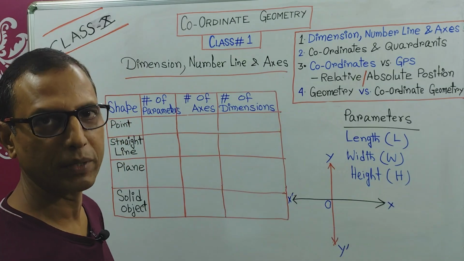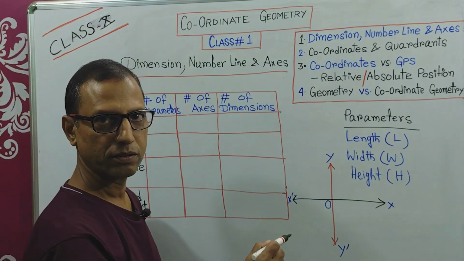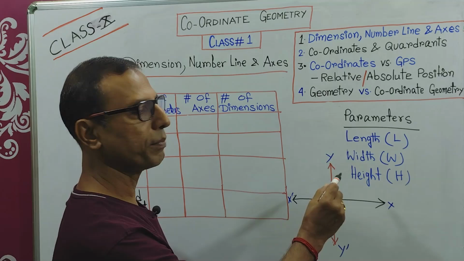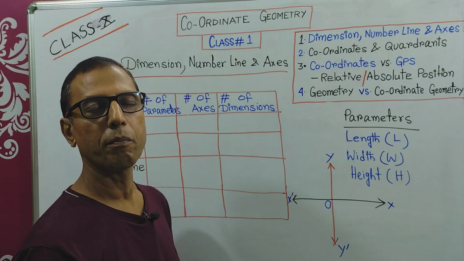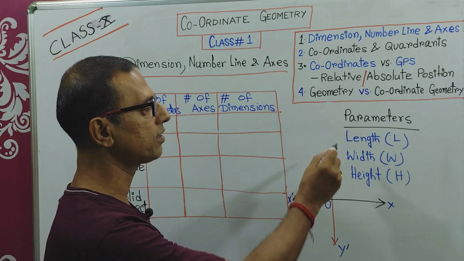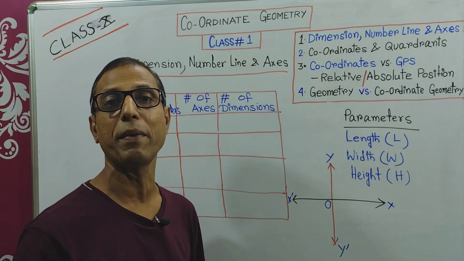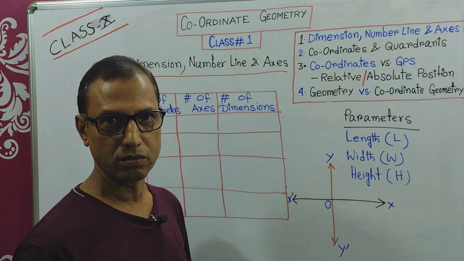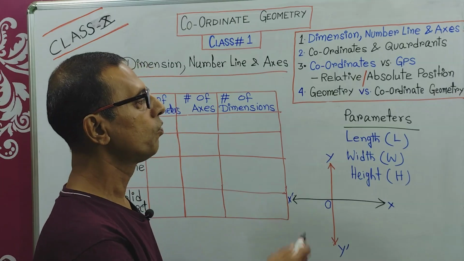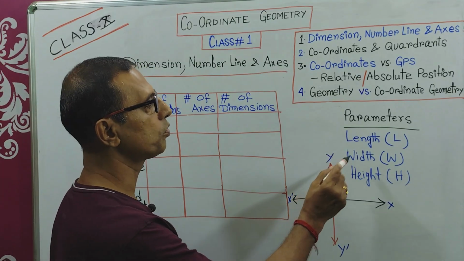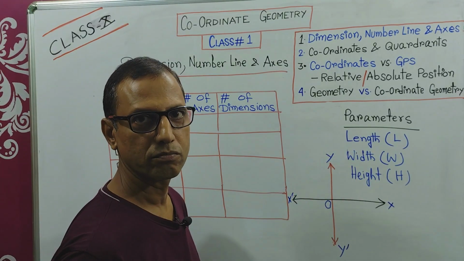What do you mean by parameters? For an object, the parameters could be different, multiple parameters, but here just for your understanding, with respect to the measurement of an object, to measure the size of an object, what do we use? We use length, width and height.